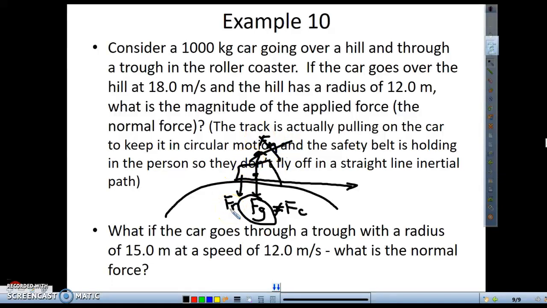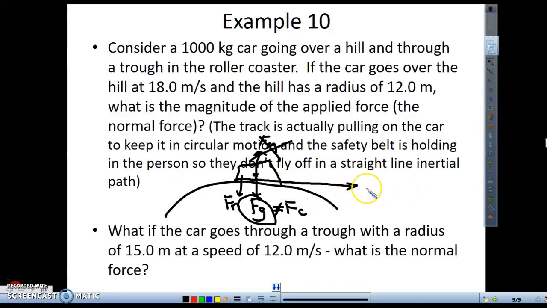I guess technically maybe you should call it an applied force. It's something that's holding the car on the track. It's a seat belt holding you into the car. And there have been many stories about people on roller coasters who haven't been belted in for whatever reason, and they do go flying.